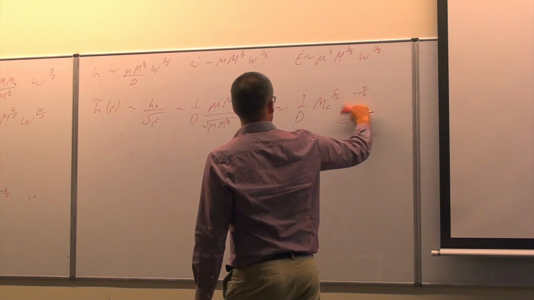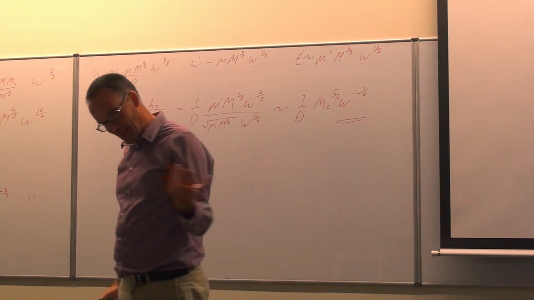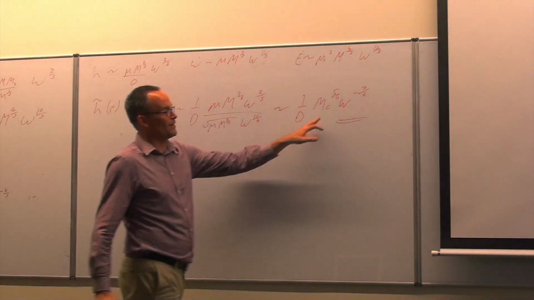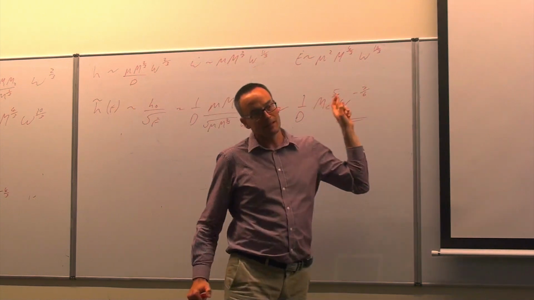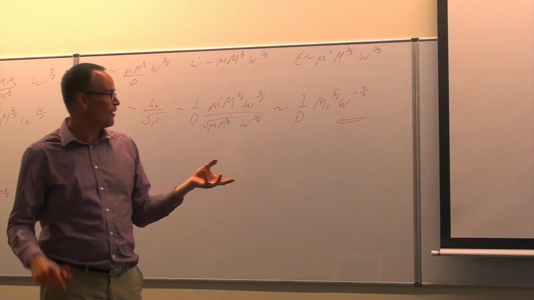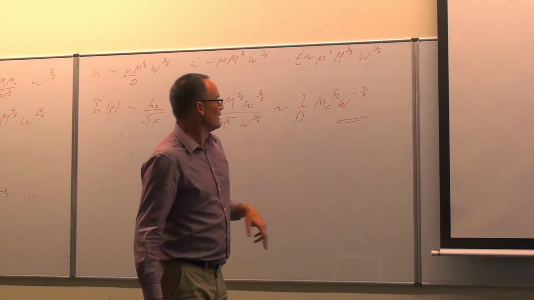I've been using omega everywhere else. This is omega to the minus 7/6. Point is that the Fourier domain amplitude at a particular frequency scales like f to the minus 7/6 powers. And h tilde squared, which is that quantity you need for calculating SNR, goes like f to the minus 7/3. Okay.